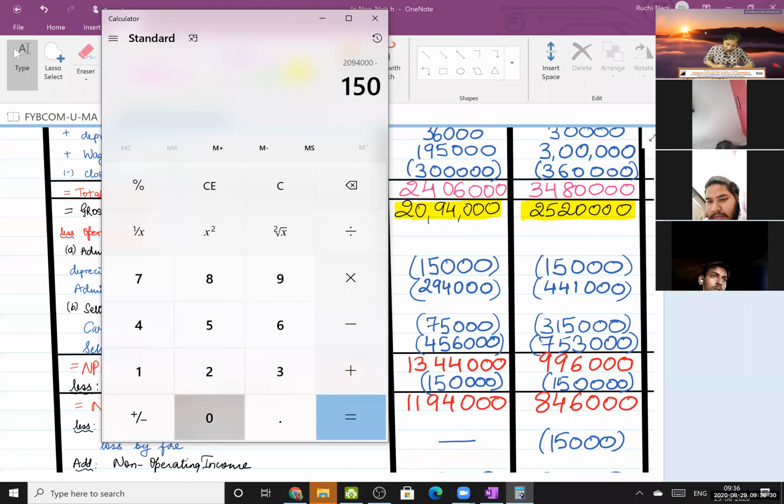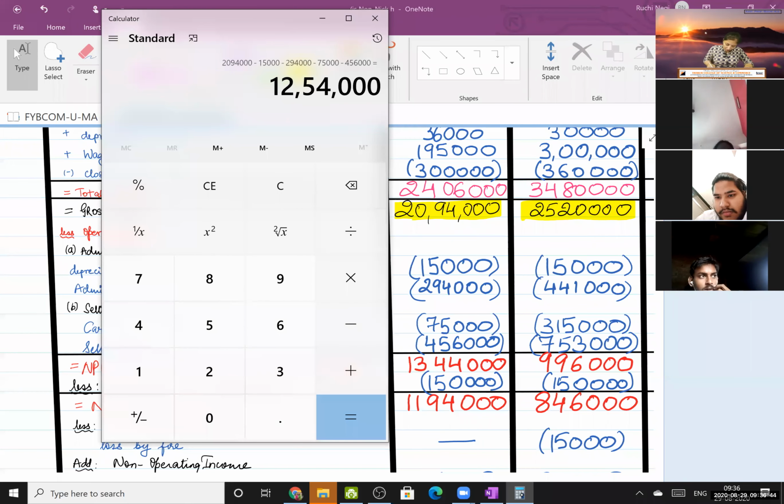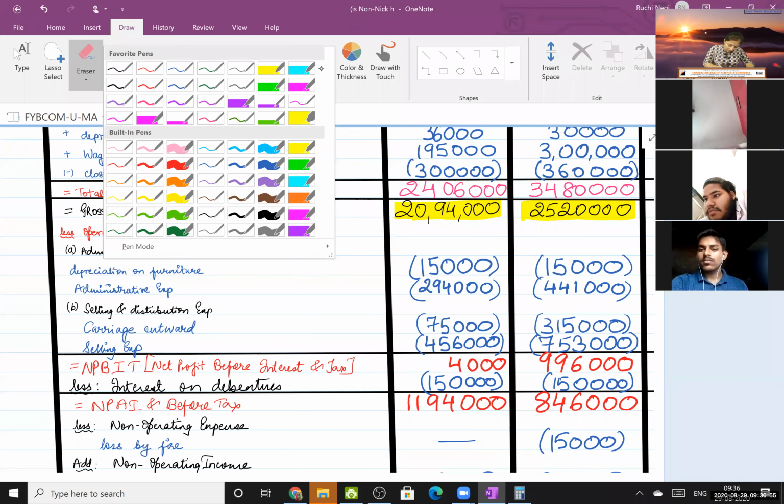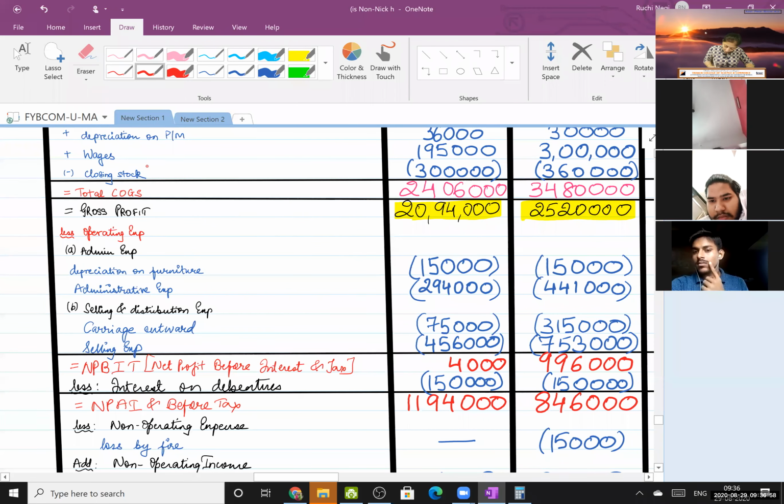Minus 15,000 minus 2 lakh 94,000 minus 75,000 minus 4 lakh 56,000. 12 lakh 54,000.